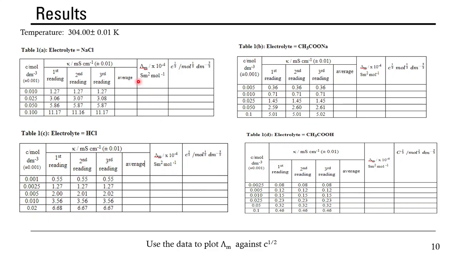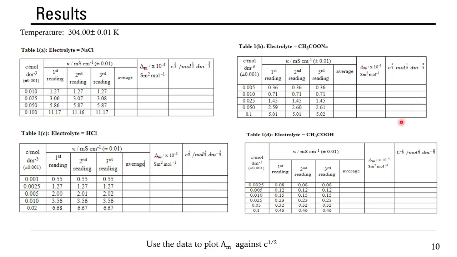All right, so remember that this is in mS and this is in S and m square, so make sure that this is done. And this is just taking the square root of the concentration. So all you have to do is fill in this.